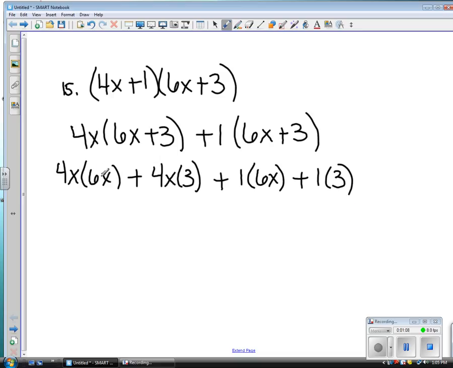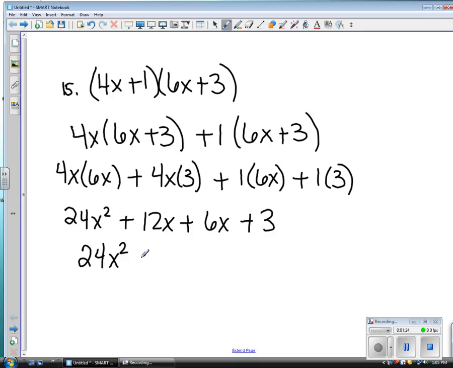Then you could multiply and get 24x squared plus 12x plus 6x plus 3. Add the things that are alike, which means you're going to have 24x squared plus 18x plus 3, and you're done.